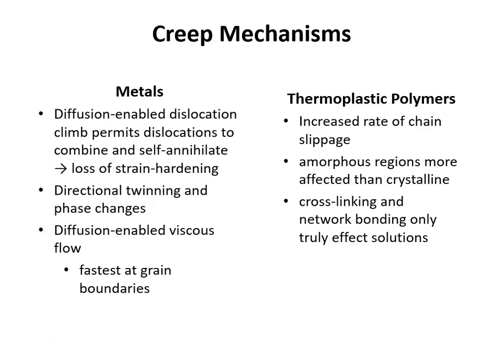You're also providing enough thermodynamic drive to have other things happen, and twinning and phase changes are two of the things that can happen. So there are plenty of things that will enable deformation once you give the material temperature equivalent to about a third to a half of its melt point.